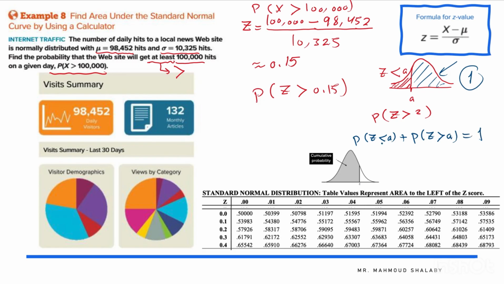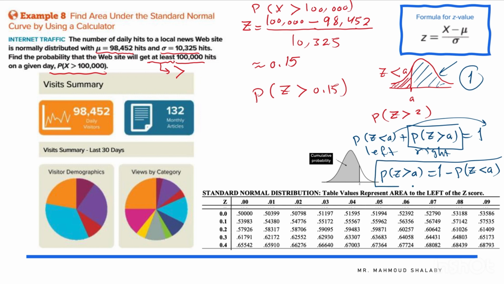Smaller plus greater, this represents the left side, this represents the right side. Both of them must be of a total of 1. This means if I want to calculate the probability of z greater than a, I will move this to the other side. So the probability when z is greater than a, directly what I will do, I will say 1 minus probability when z smaller than a. And this will be the rule we will use in all of these types of questions when I use a greater. Okay.